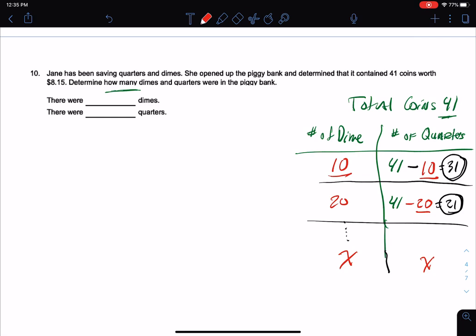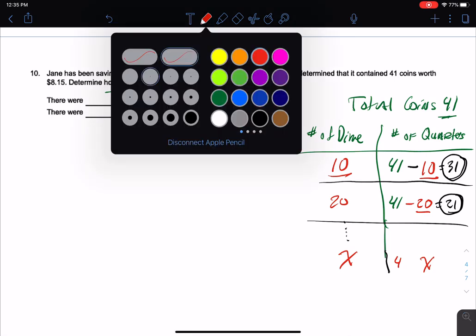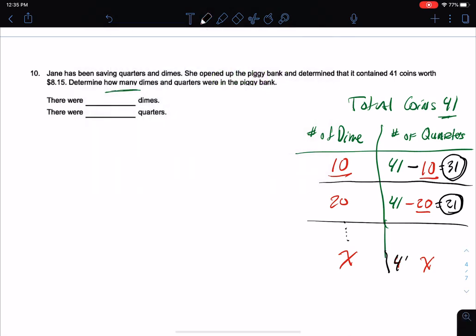Well, if there's x dimes, then there must be 41 total minus x quarters. That is a key idea. That relationship has to be in your math.